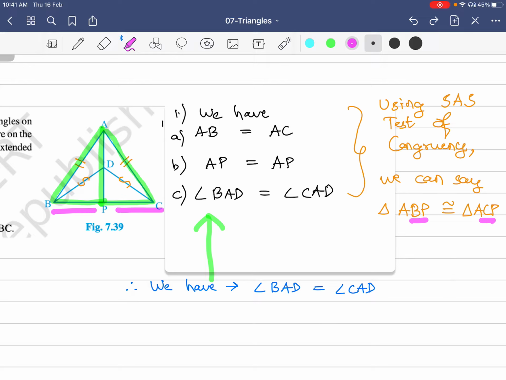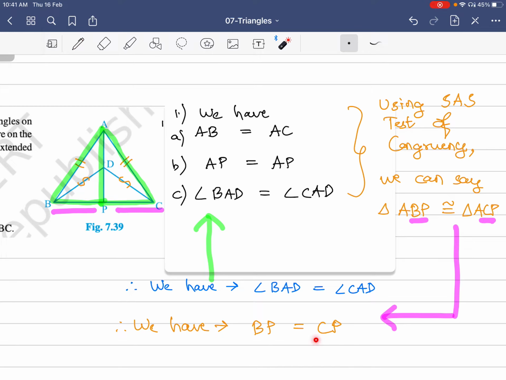So from this congruency, I'm going to note it down. Therefore we have BP as equal to CP. Why? Because they are corresponding sides of the congruent triangles. The reason I'm noting this point is because we're going to need it in the third point that we want to prove.